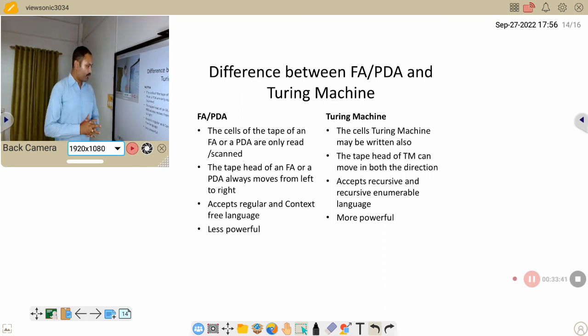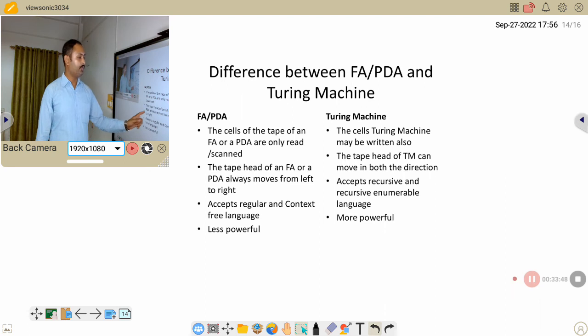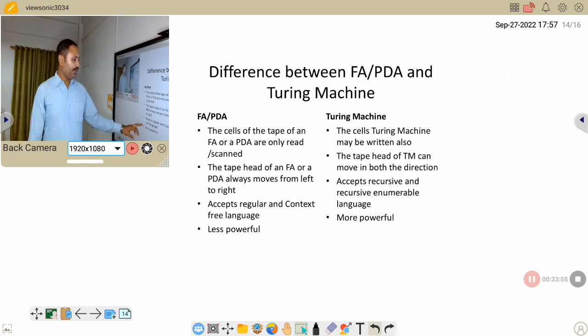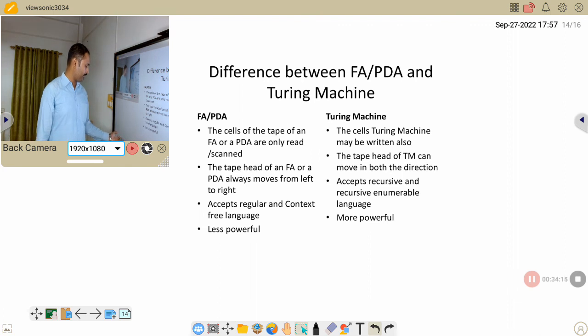In pushdown automata or finite automata, the tape head always moves from left to right, but in Turing machine the movement is in both directions. Pushdown automata accept regular and context-free languages, but Turing machine can accept recursively enumerable languages. That is why pushdown automata has less power and Turing machine is much more powerful than pushdown automata or finite automata. So these are the basic differences between these two machines.